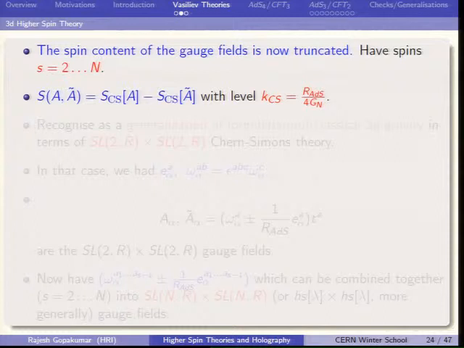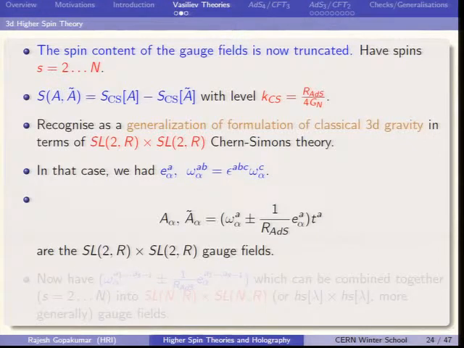So there are essentially 2 gauge fields, which maybe I should explain to you what these gauge fields are first.